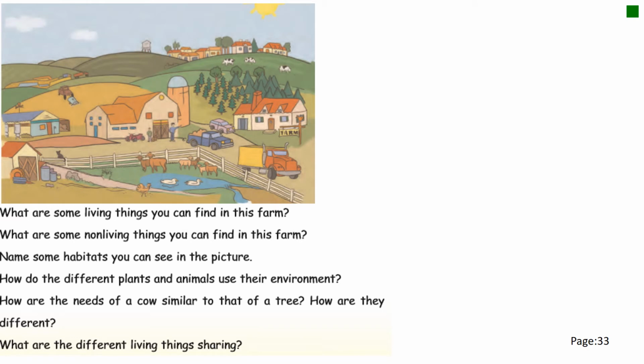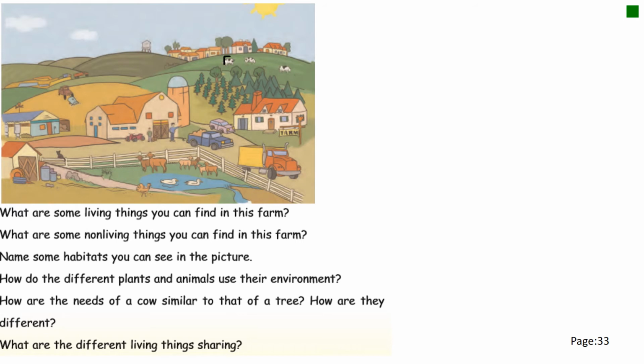Now guys, let us practice this exercise. We have an ecosystem here inside this picture and under it we have many questions. Let's start one by one. What are some living things you can find in this farm? They are asking about the living things. As you see here, we have many living things.